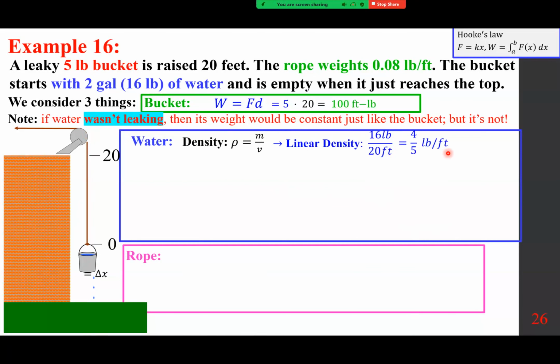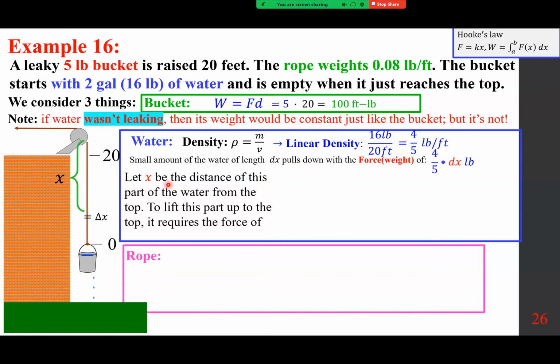Again, the small amount, so this is delta x. The small amount of the water of length dx or delta x falls down with the force weight of 4/5 dx. So if we let x be the distance, it's going to go up. Let x be the distance of this part of the water from the top.